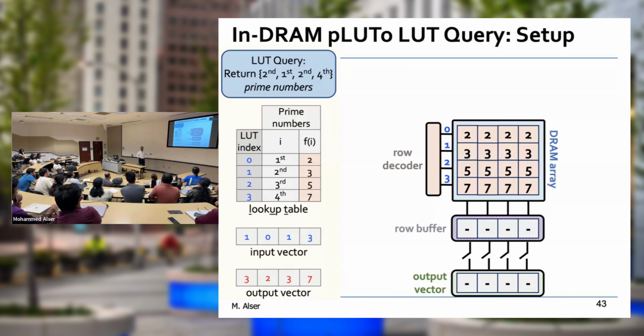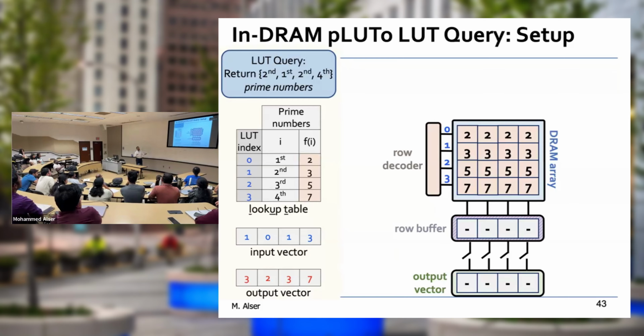Second, I could request also the first number. Third, I could request the first number. But next, I'm requesting the third number. But I could request the 5th, the 7th, any number. So every time I have one number aligning with the column, I should have all the options, because I'm not sure which number the user is going to ask for, right? Over here, I ask for 1, 0, 1, 3, but I could ask for anything, any combination.